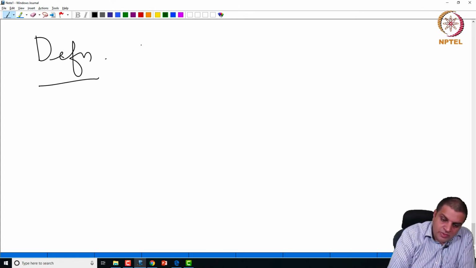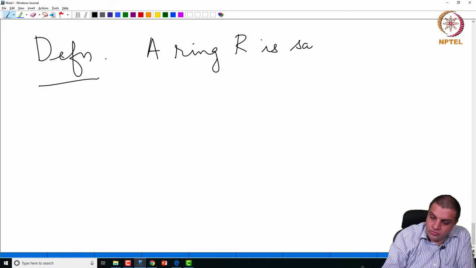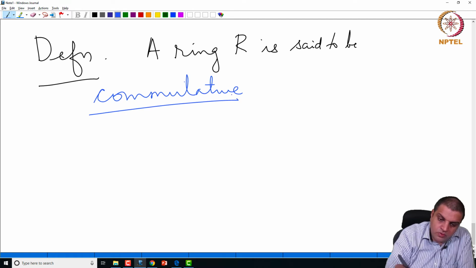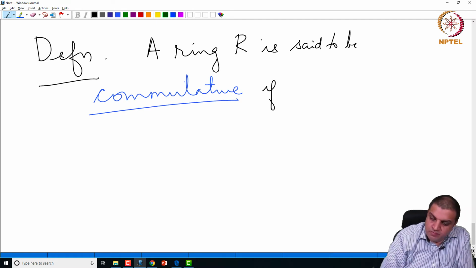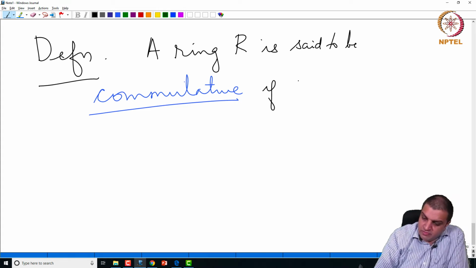A ring is said to be commutative if multiplication is commutative. Remember, addition is already commutative by definition.